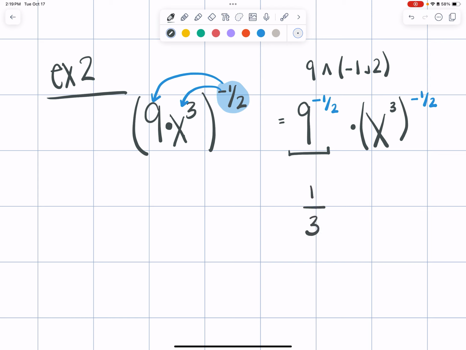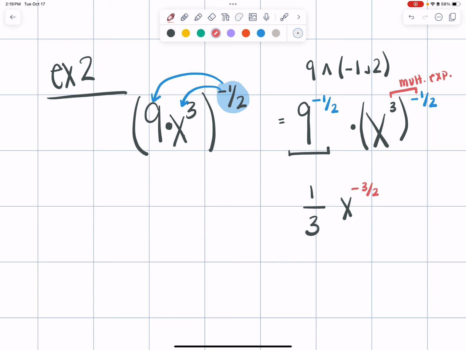That second one, x to the third to the negative 1/2, I'm going to multiply those exponents, and that's going to give me x to the negative 3 over 2.